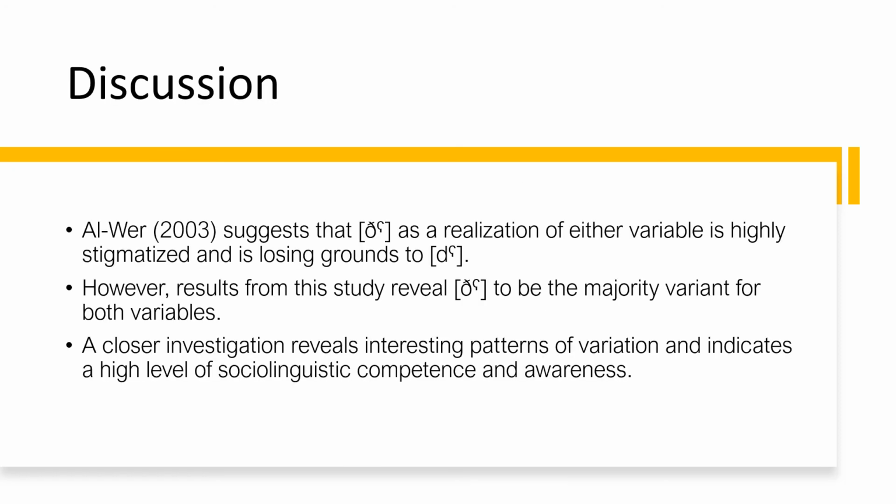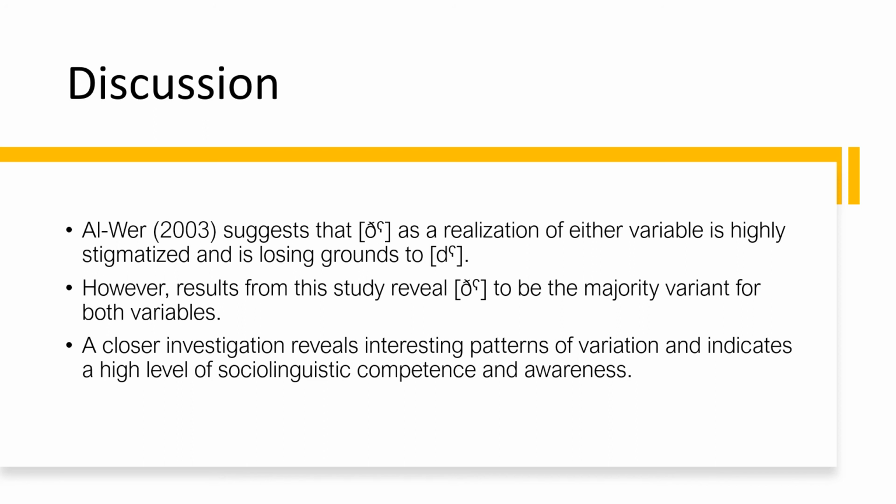So moving on to the discussion, Alware suggests that the as a realization of either variable is highly stigmatized and is losing ground to the because it overlaps with the Bedouin and urban and rural variants. So this is with regards to the Levant more specifically, but it can apply obviously to other dialects as well.